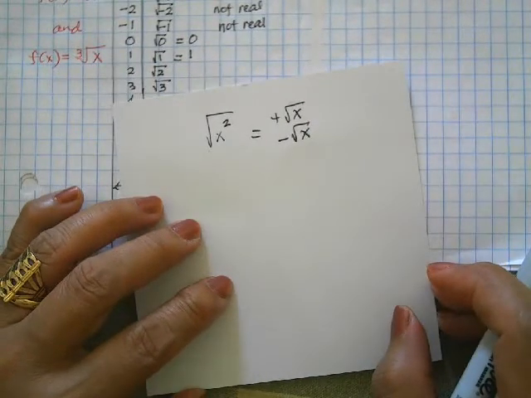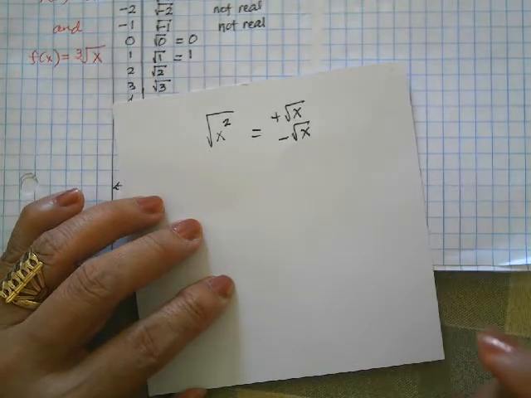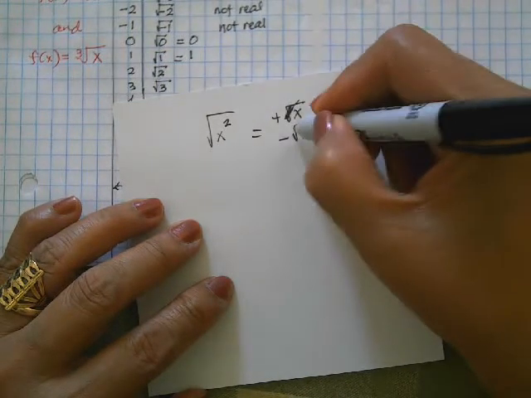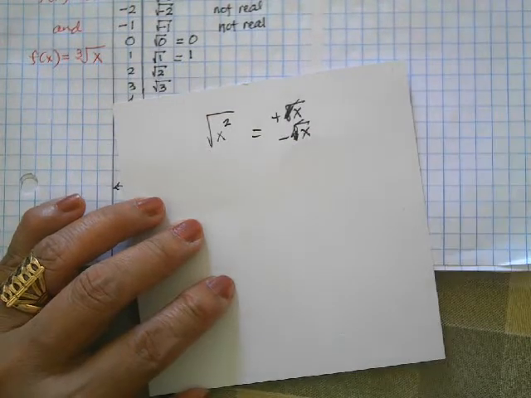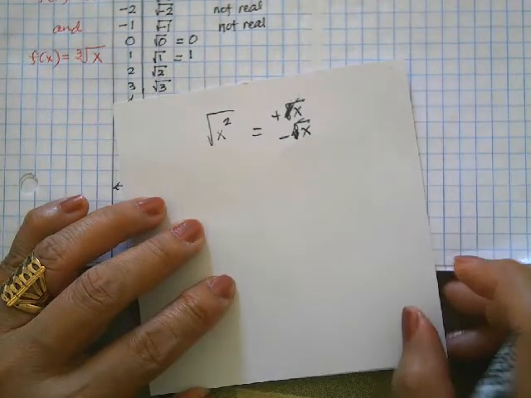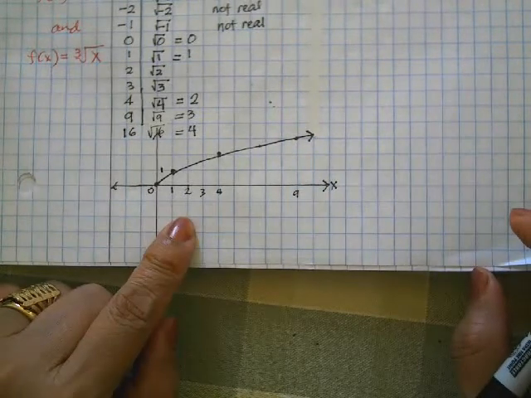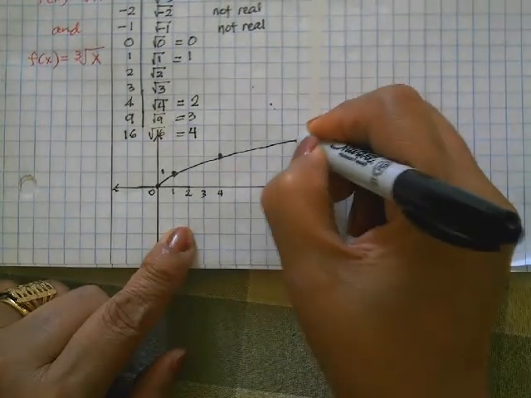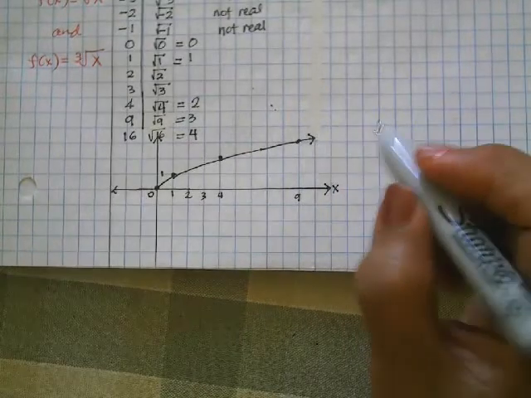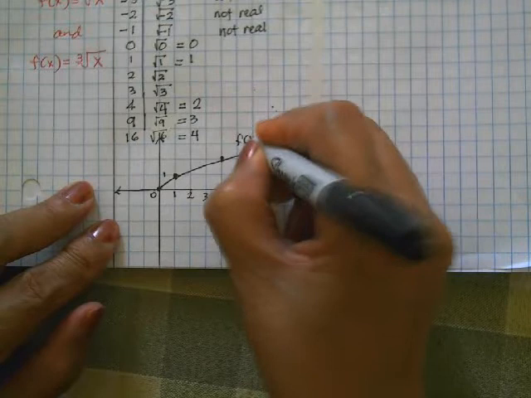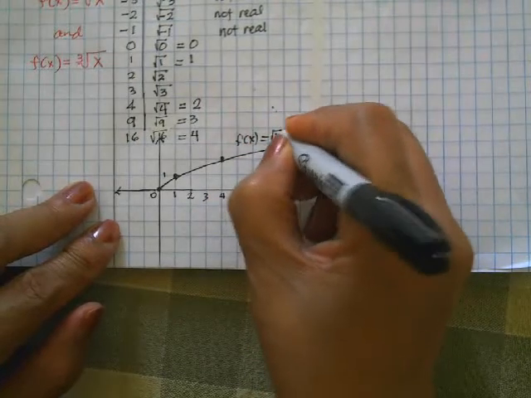The inverse of that will be plus x and minus x. So you're going to get only the positive parts. So this is the graph of f of x equals y equals square root of x. That's our parent graph.